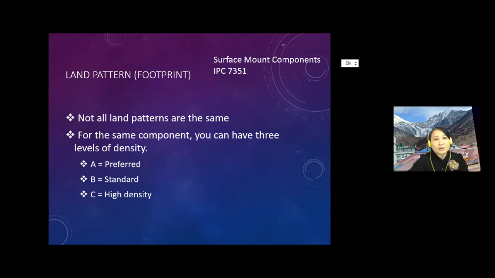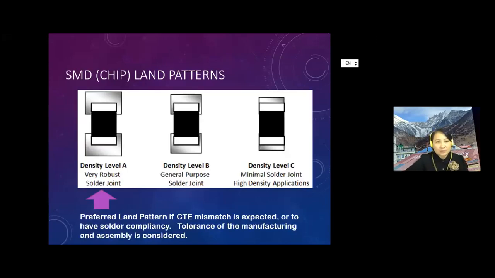All right, so we're going to quickly show you a very simple chip land pattern, and you will see that density level A is usually bigger. The land patterns, or the copper areas, can be bigger.